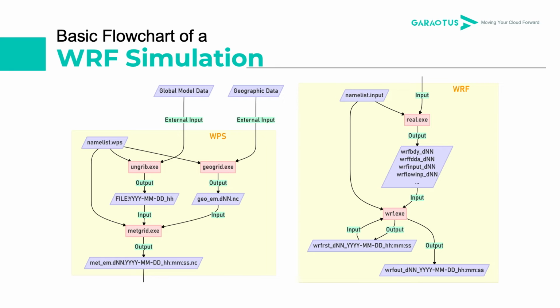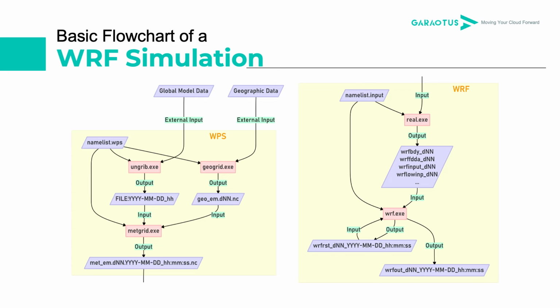By the way, WPS does not support MPI, it's a serial processing. And then when it comes to the WRF simulation, we have two executions, real and WRF. Finally, we will get the simulation result, the WRF out file. And this simulation job is actually accelerated and supported by MPI processing.